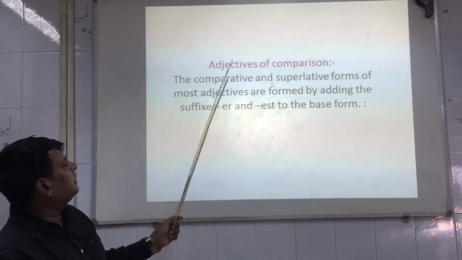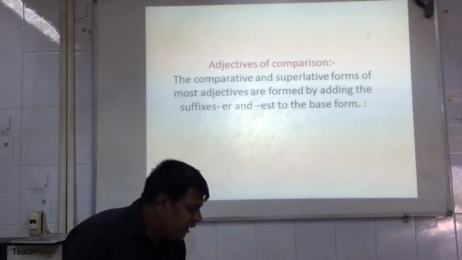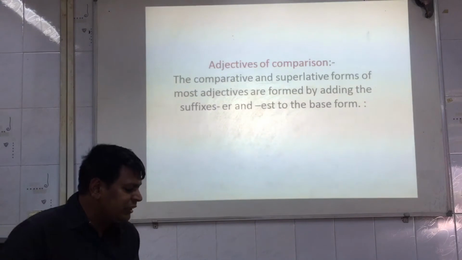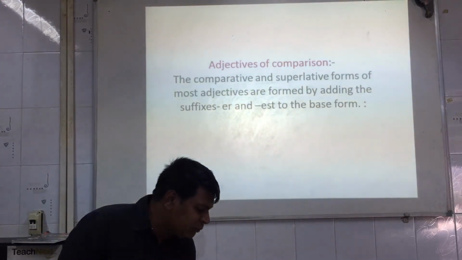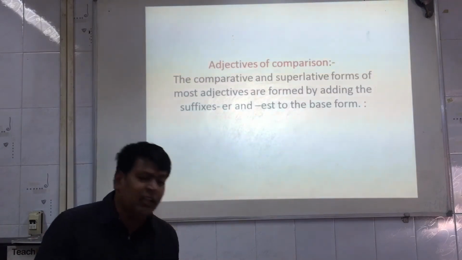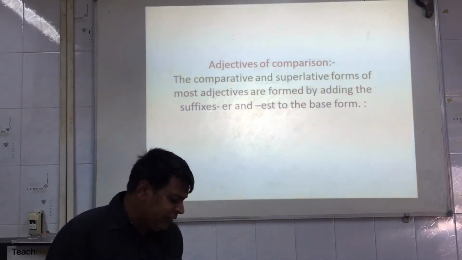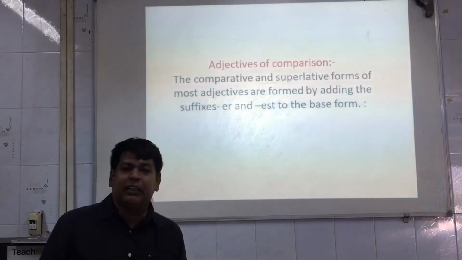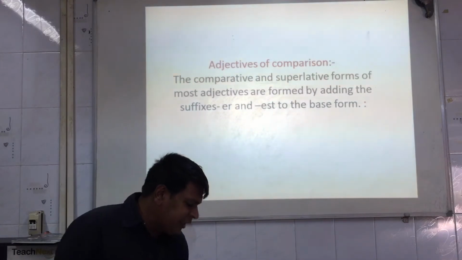Okay, now here, what we have learned is the use of adjectives for comparison, the formation of comparative and superlative forms of adjectives by adding er and est. So adjectives have three forms that indicate the comparison of quality and quantity they represent.